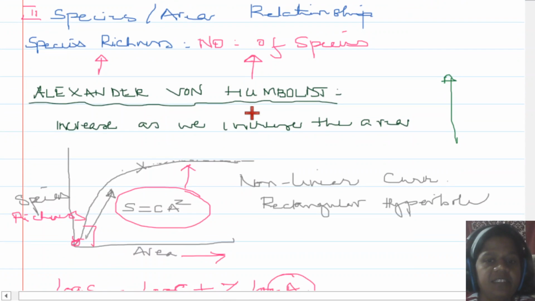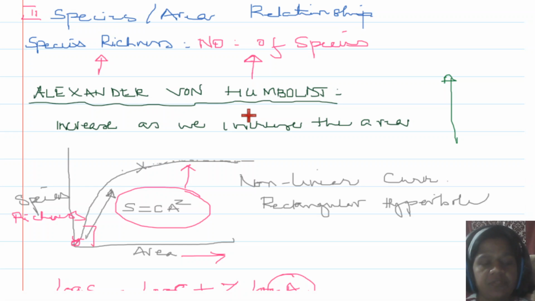The second one is the species area relationship. According to Alexander von Humboldt, the richness or the diversity goes up as we start off in a given area, but at a certain point it plateaus off.